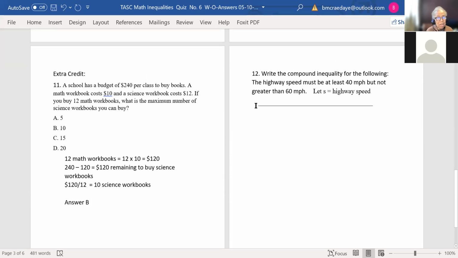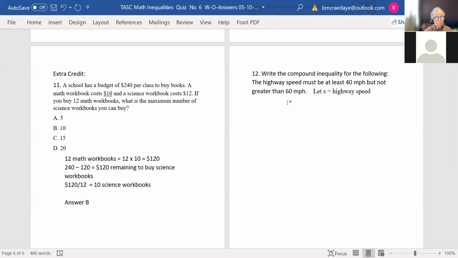A compound inequality is a combination of two inequalities, where one says at least 40 miles per hour, and the other says but not greater than 60 miles per hour. Now, S would be the speed. This is the highway, 40 miles. S would be the speed, right?